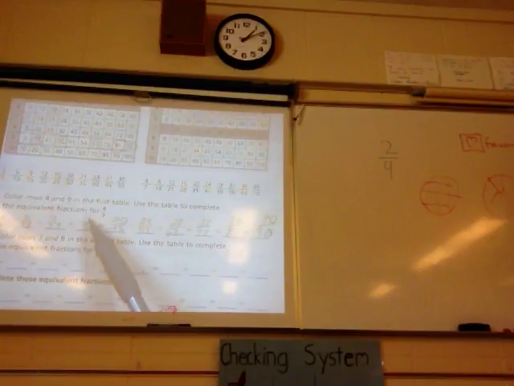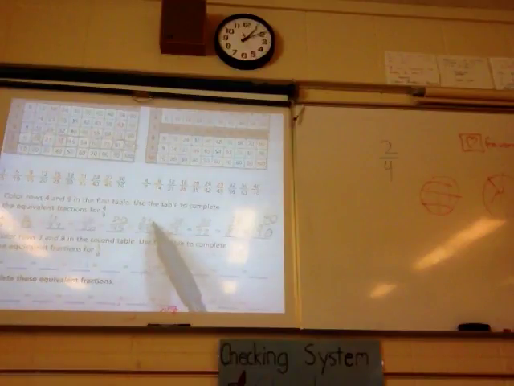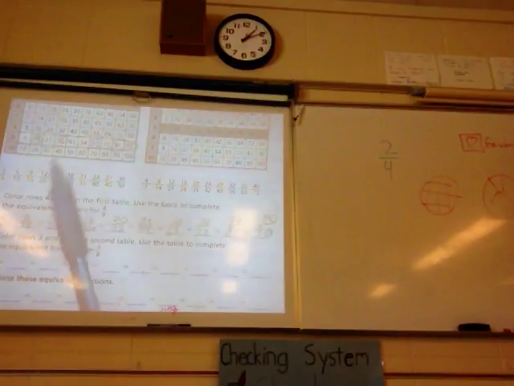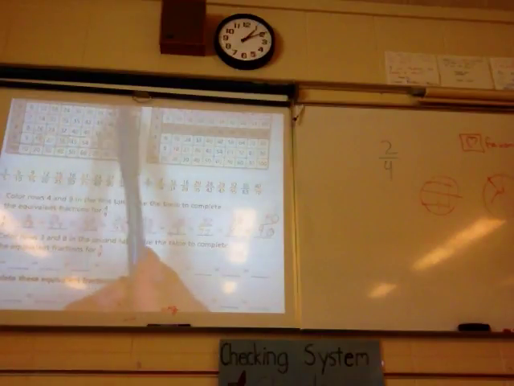Wow, if this is together, I'd hate to see separate, right? Let's count by 4s together. 4, 8, 12, 16, 20, 24, 28, 32, 36, 40. Hopefully you notice that same pattern right up here. 4, 8, 12, 16, 20, 24, 28, 32, 36, 40.